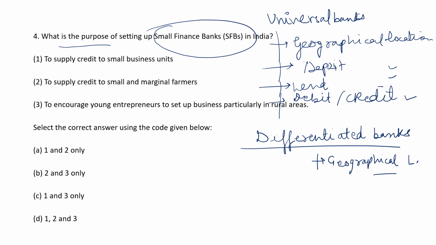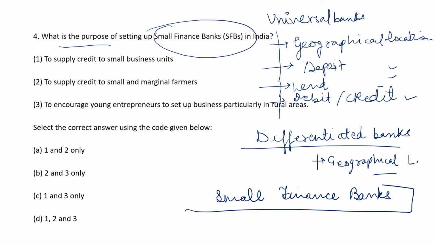They have restrictions on all these activities. So small finance banks are among those differentiated banks which have restrictions on their activities. These banks are set up with the aim of providing facilities to the rural sections of the economy. So small business, the farmers, the small entrepreneurs, this has been done to provide credit to them also.